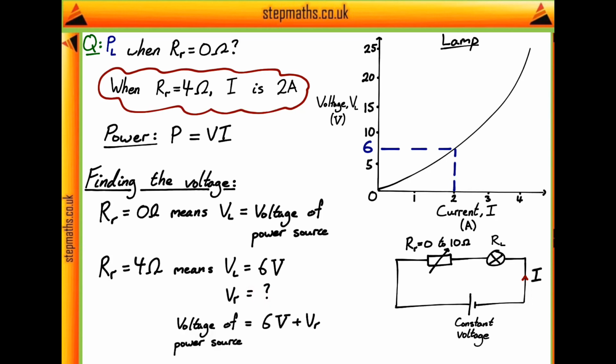The voltage of the power source is equal to this 6 volts through our lamp, plus whatever the voltage across the variable resistor is. So if we find out the voltage across the variable resistor in this case, we can find the voltage of our power source, which, since it's constant, is going to be exactly the same as VL in the case where R equals 0. So let's think about how we could find this voltage across our variable resistor.